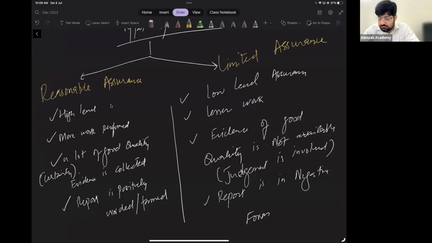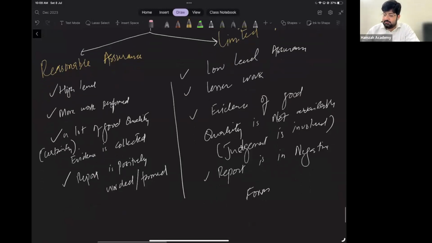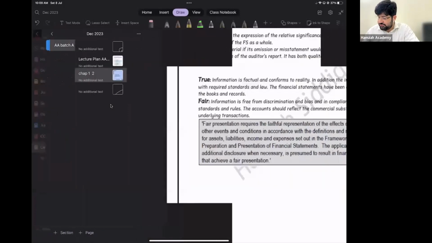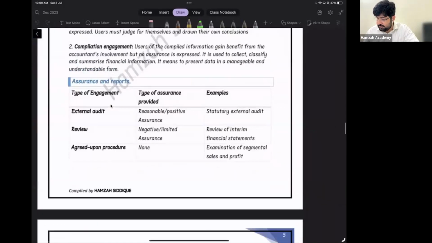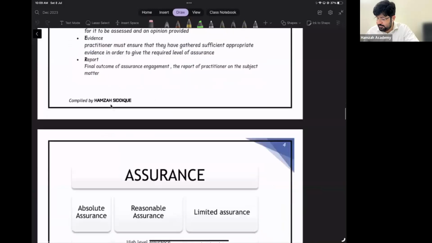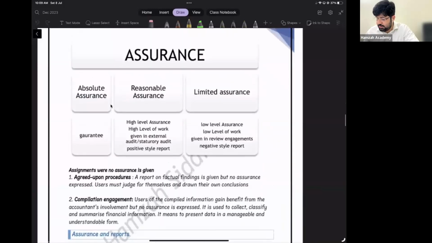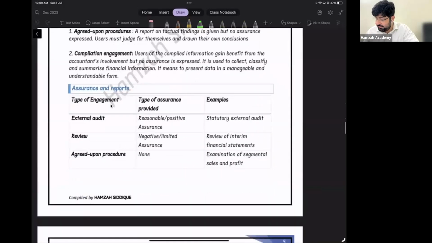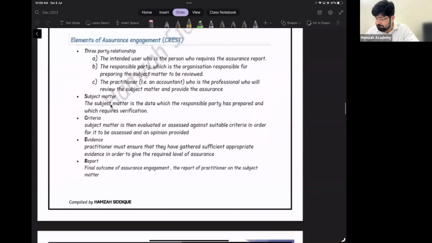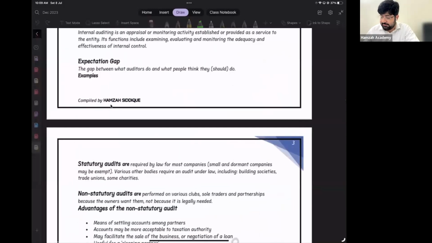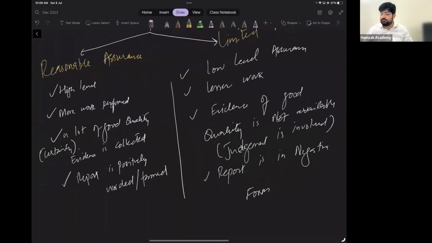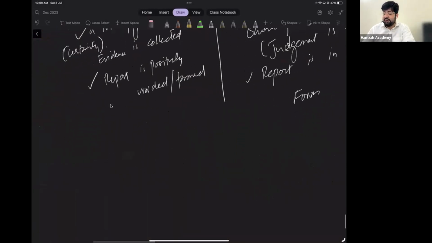Now, come to the notes. Okay, example is not given here. I need to write an example. For example, here, report wording.